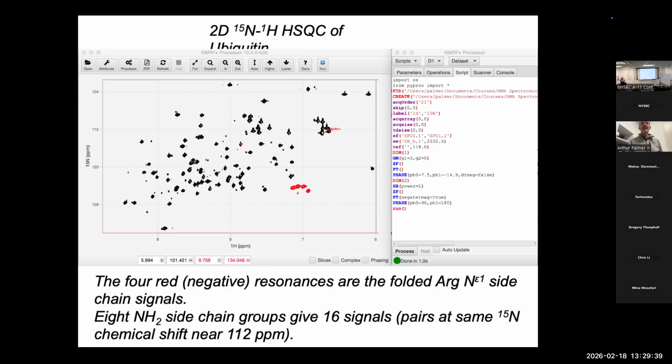And of course, that means that also 10% of the backbone amides are NDs. So the signals we care about here, the backbone amide signals, are all 10% smaller than they otherwise would be.